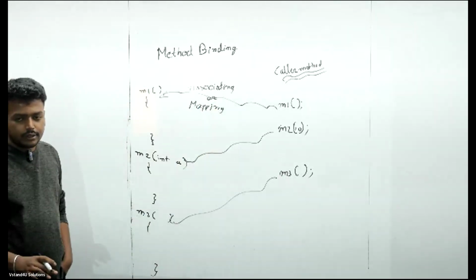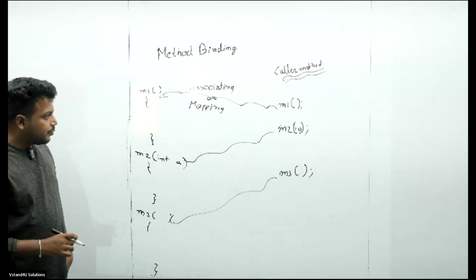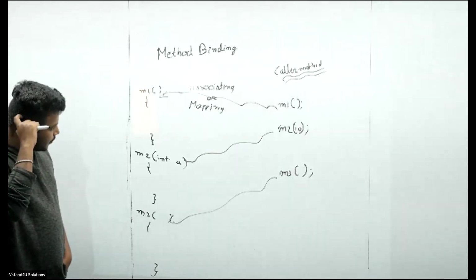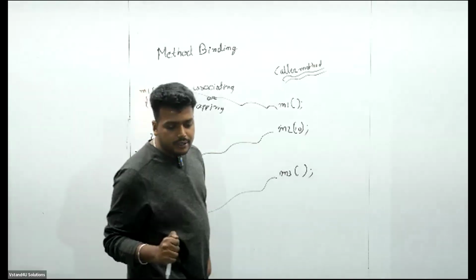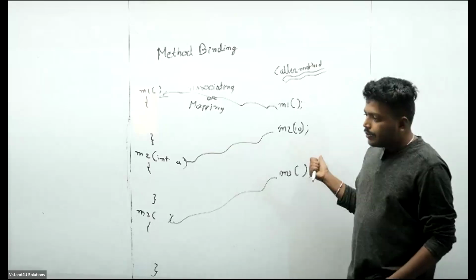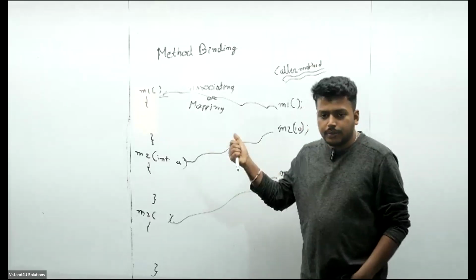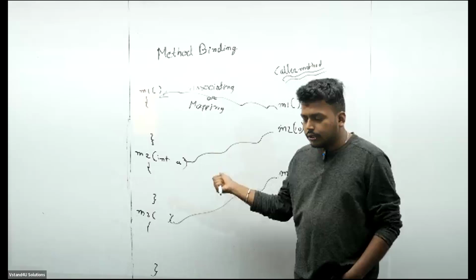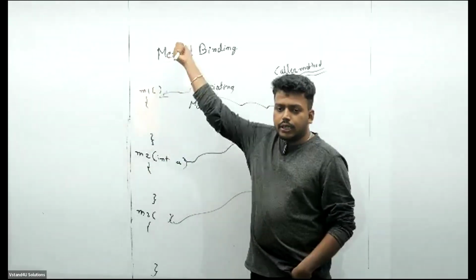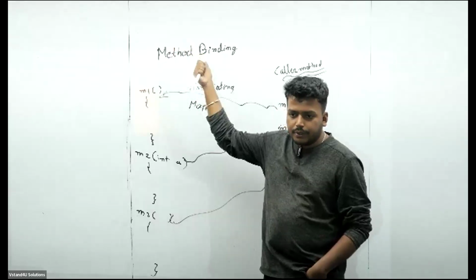Now listen. Whenever a caller method is associating or mapping with the implemented method, it is called method binding.